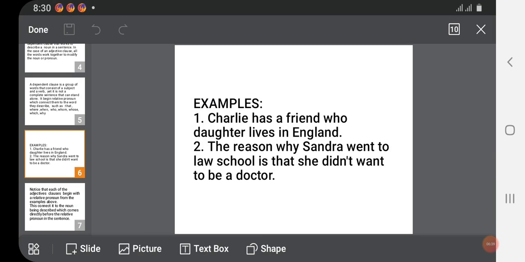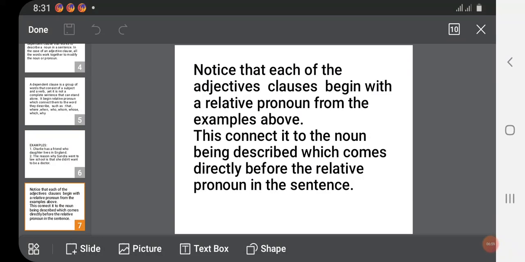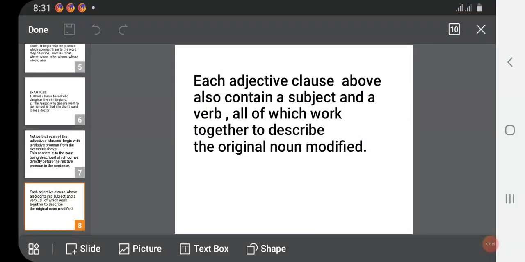In the first example, you have your whose; the noun there is friend. Then your why; the noun there is law school. Is that taken? They connect it to the noun that is being described, which comes directly before the relative pronoun.